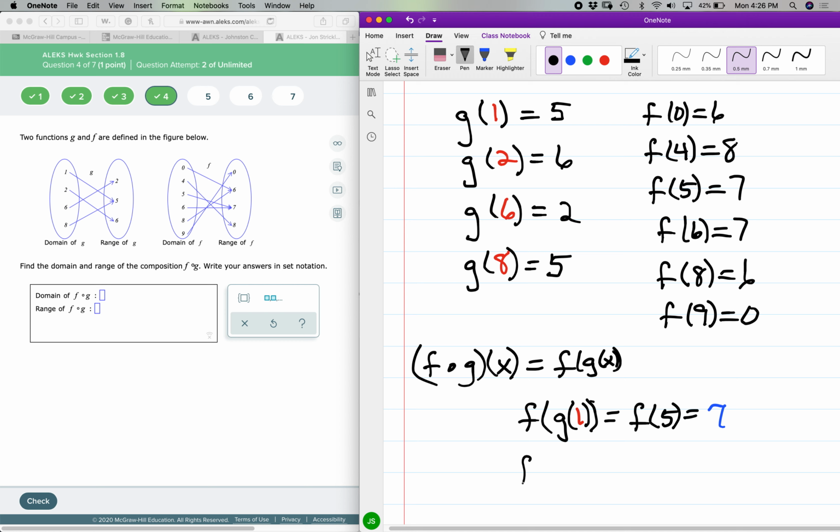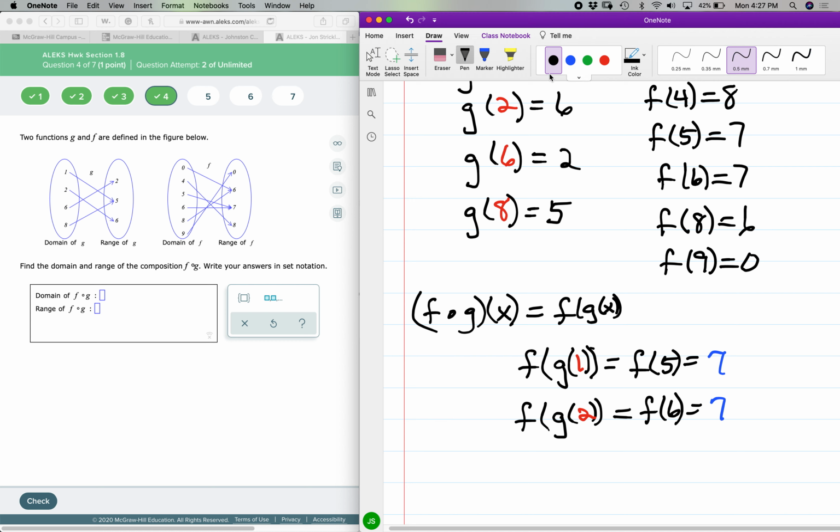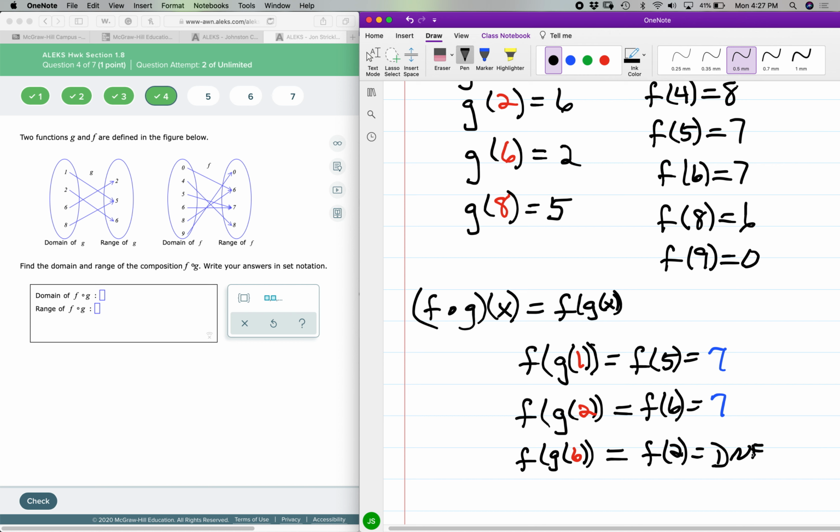Next up, we have F of G of 2, and G of 2 is equal to 6. And F of 6 is also going to be 7. Next in line, we have F of G of 6, and G of 6 is equal to 2. And for F of 2, well, guess what? There's no F of 2 in the mix. So this one does not exist.